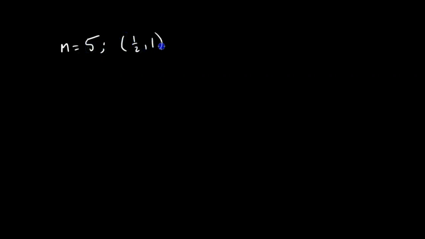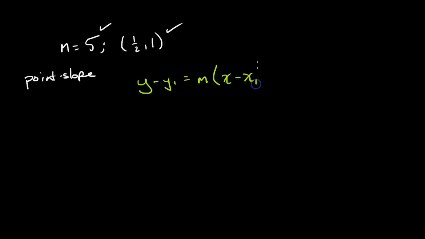Let's take the same information where we have a slope of 5 and we're given the point (1/2, 1), and let's use what's called the point slope form of the equation. The point slope means when you have exactly that, I have one point there and I'm given the slope here, so I can substitute that information into a form of the linear equation which looks like this: y minus y1 is equal to the slope times x minus x1.